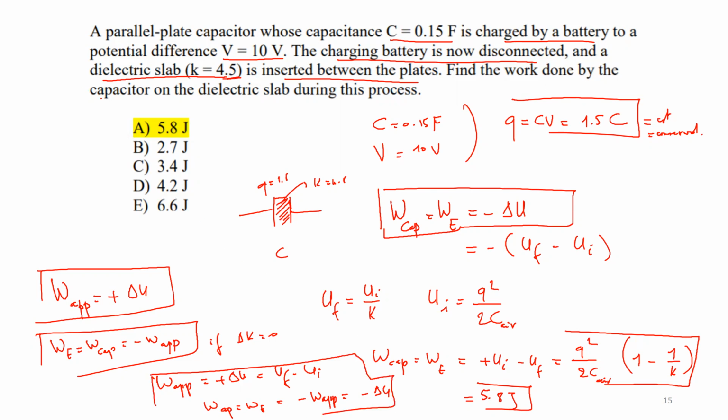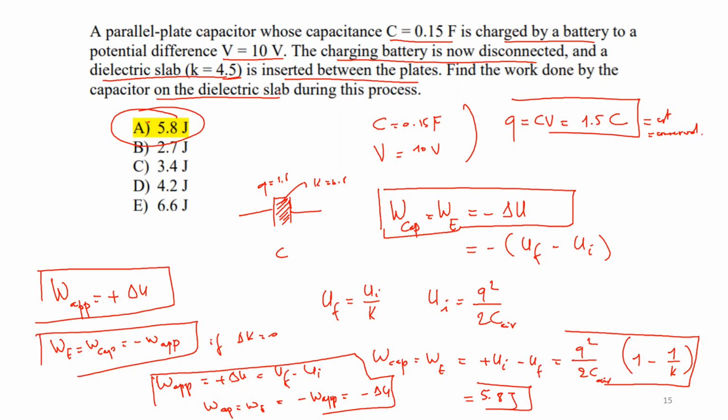So here, this work, which is done by the capacitor on the dielectric slab, is positive. What does it mean? It means that actually it's sucking. When I'm inserting the dielectric, I don't need to apply a positive force. Actually, the capacitor itself will just suck the dielectric slab and bring it in.